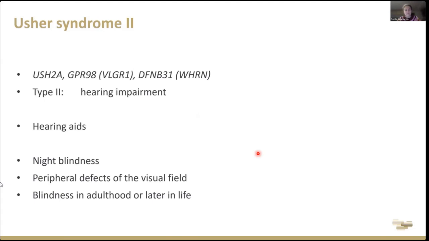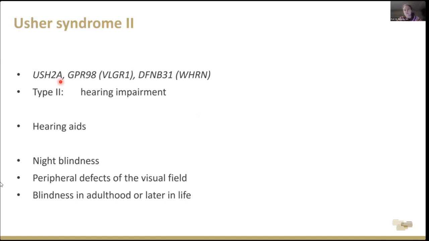This range is really very broad, and as you, for example, might know, the USH2A gene can cause also a pure retinitis pigmentosa without hearing impairment. The extent of hearing impairment can then reach from complete none to a very severe, neighboring to the deafness border. Patients usually use hearing aids if they need any.